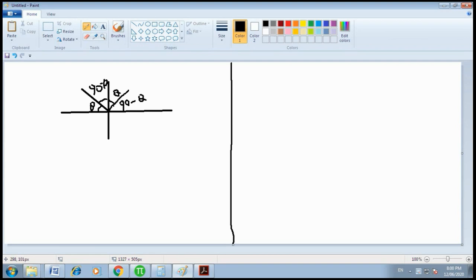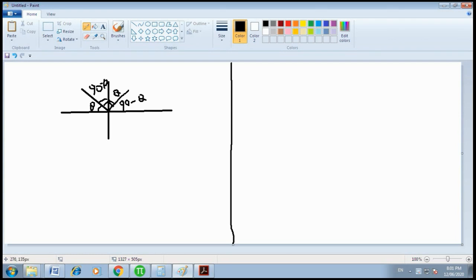Now, if this is 90 minus theta, then again this will become theta. If we consider this whole angle, it is again 90. If this is 90 minus theta, then this will become theta, and the remaining angle will again be 90 minus theta. Hope you understood this.